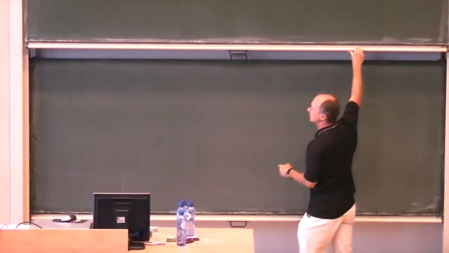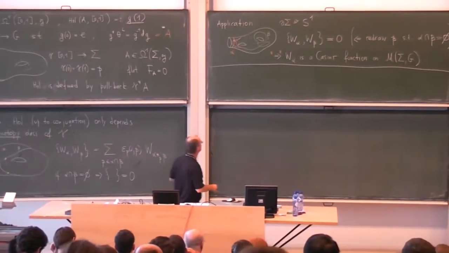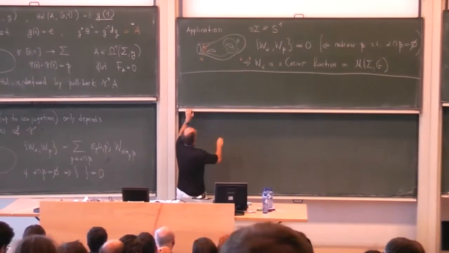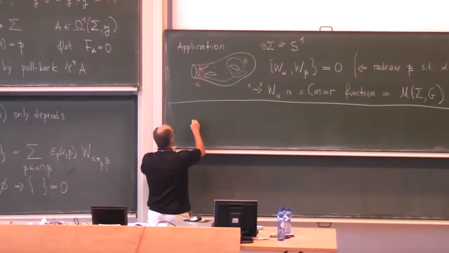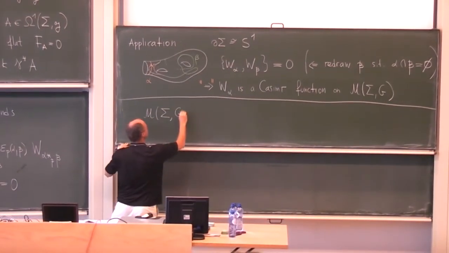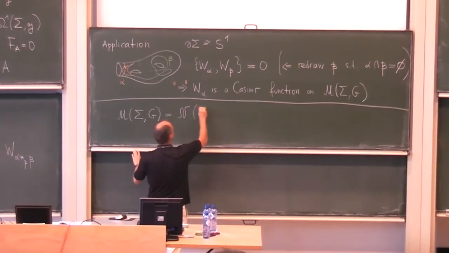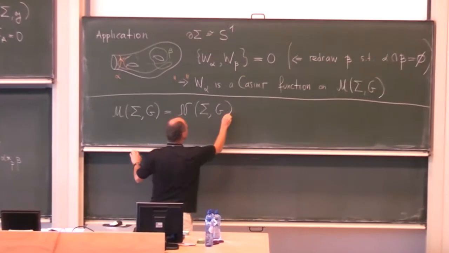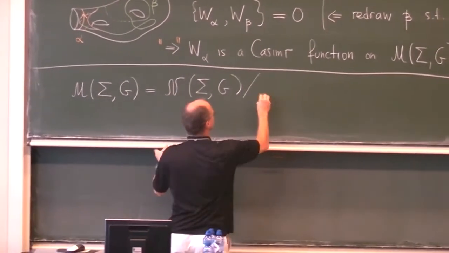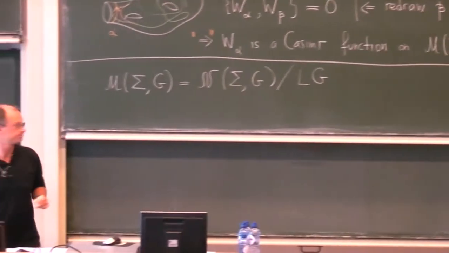Well, anyways, let's return a little bit to the situation of the moduli space for a surface with a boundary. So remember that we have this construction: M of sigma g is equal to the quotient of some bigger space, which is in general an infinite dimensional space, divided by the loop group.